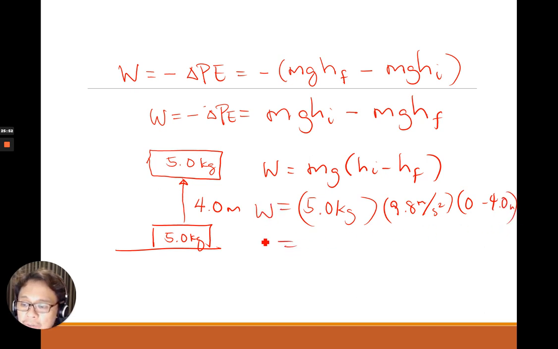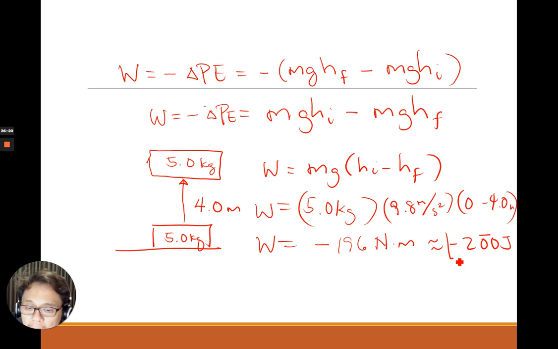Okay, so what is the work that you are going to get? You are going to get negative 5 times 9.8 times 4. You will get negative 196 newton meter, or approximately negative 200 joules.